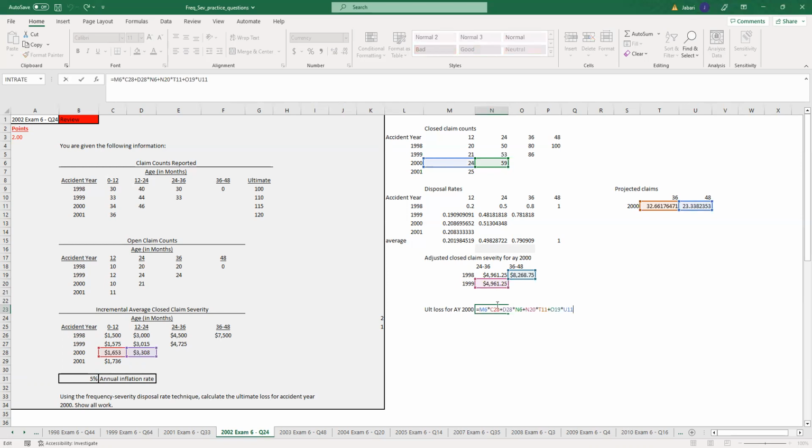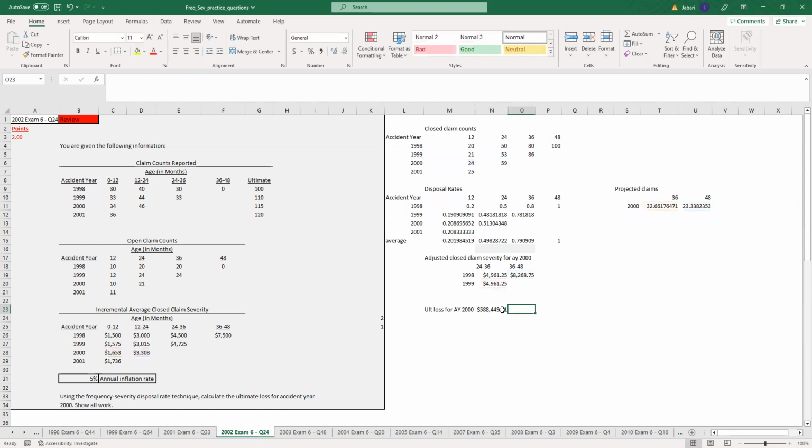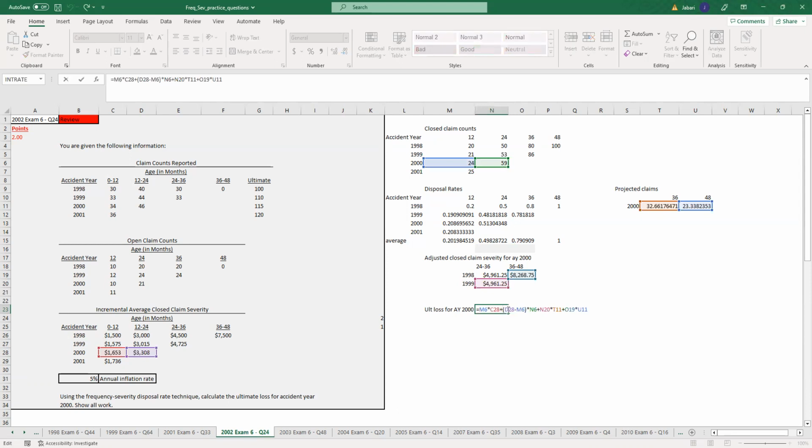Oh, that's right, I need to subtract off closed claims here, otherwise we want the incremental closed claims.